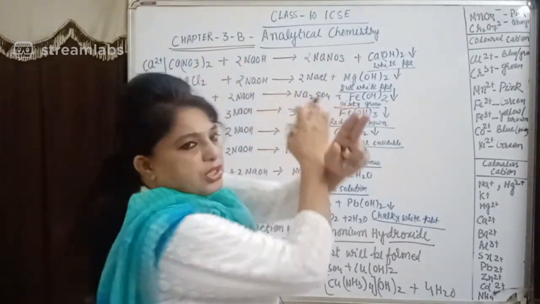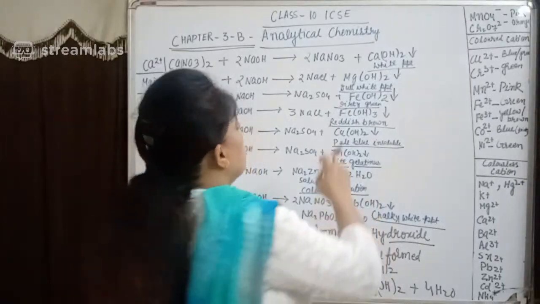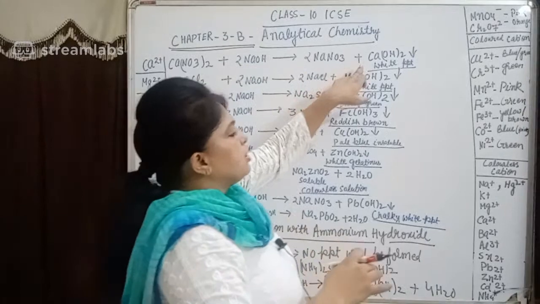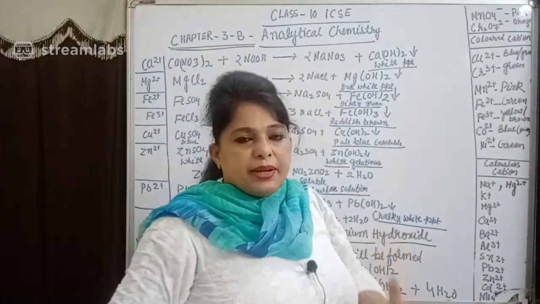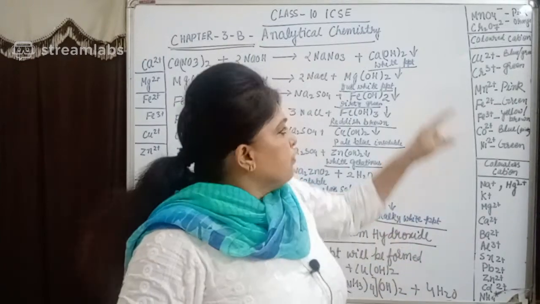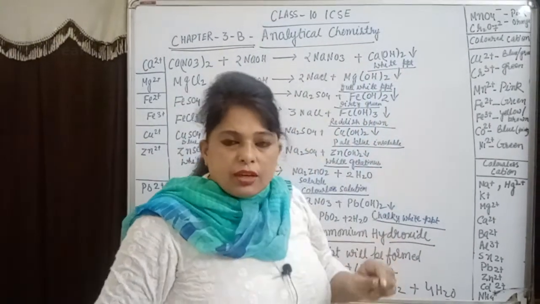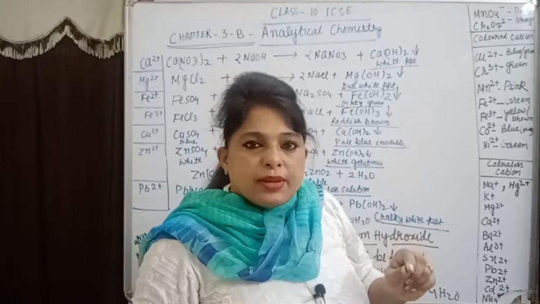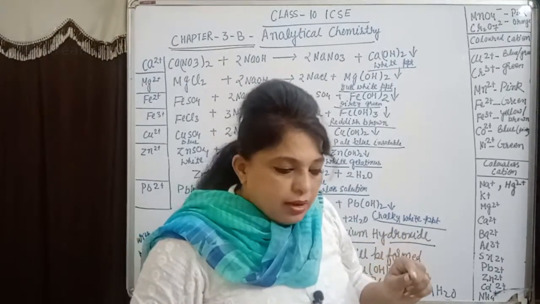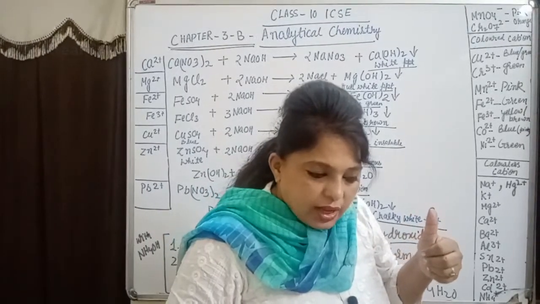Double decomposition reaction is going to take place. So they are going to exchange their ions, and after the chemical reaction you will observe white precipitate of calcium hydroxide will be formed, which is insoluble in water, right? So what is the color of the precipitate? White, and which is insoluble in water, right? So we have understood the first reaction.